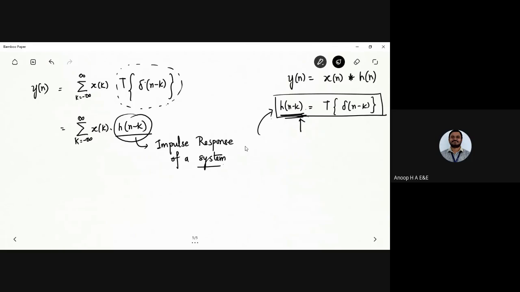Now the system under investigation is generally the linear time invariant system, where h of n is the impulse response of the system.